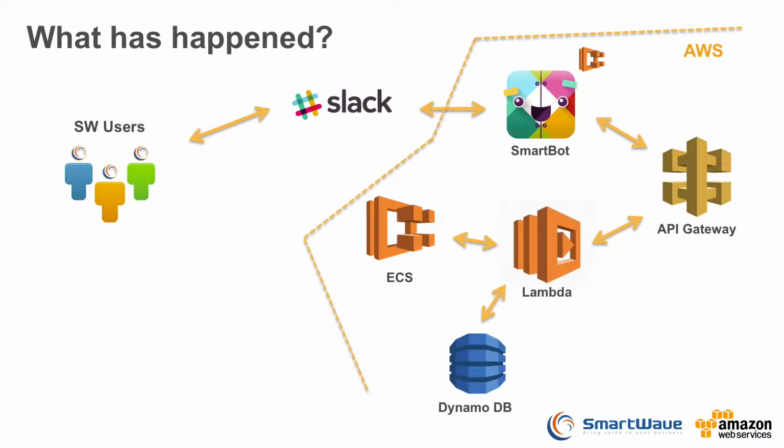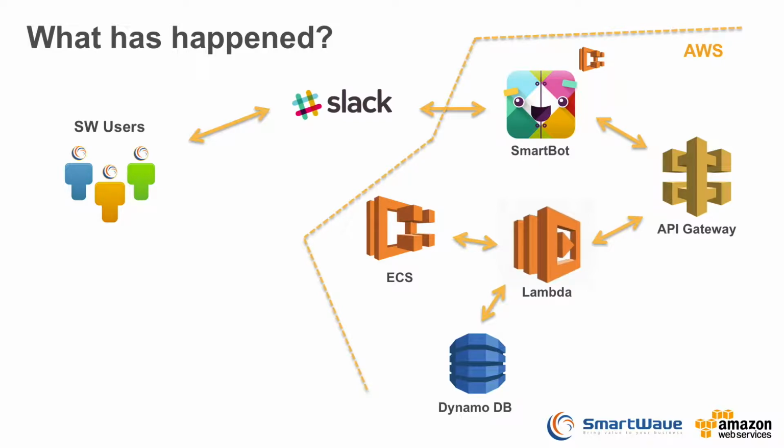And finally, the Lambda function also enhanced the response with some metadata coming from a DynamoDB table. And then the reply went back through Lambda, API gateway, the SmartBot, through Slack, so the user can see the result and interact positively with the bot.